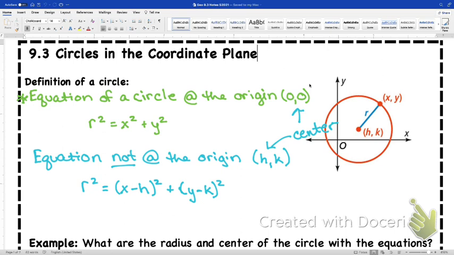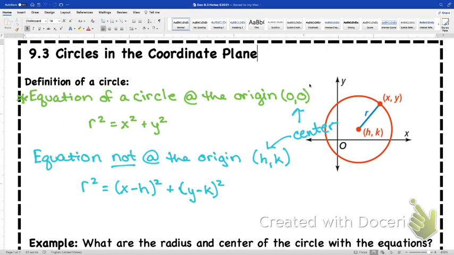Now, if I follow my order of operations, it says I take x minus h first and then square it. Yes? Okay. Or I multiply out that quantity, which we'll do also. I have a question for you. Could I just use one of these equations for all circles? Yeah, probably. Which one?